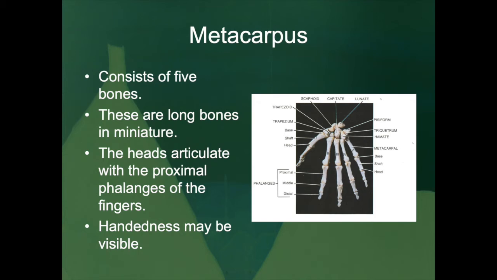So the head or the distal extremity, as Bass points out, articulates with the proximal or first row of the phalanges. The heads are all present, they're large, they're rounded, and they're fully articulated. So they have that unique kind of expression, in this case, of articular cartilage associated with each of them. The first metacarpal, or the thumb, is the shortest and thickest of the metacarpal bones that we look at.